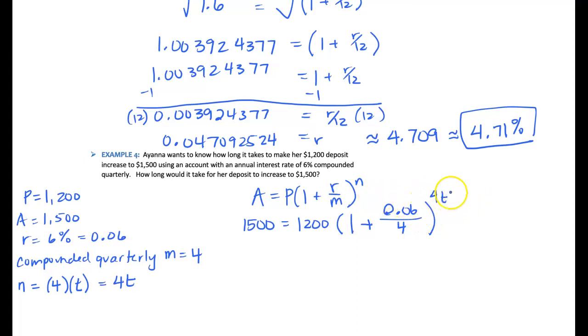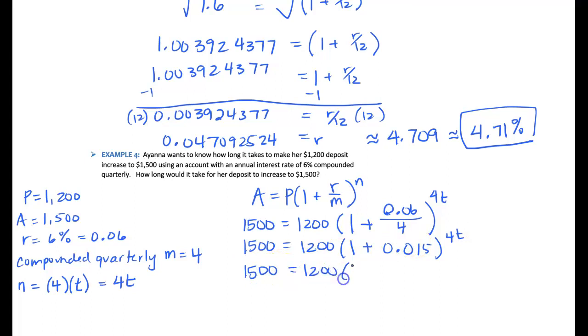Again, we can't quite simplify with the exponent, but we can simplify inside of our parentheses. So I'm going to take 1,500 equals 1,200, and 0.06 divided by 4 ends up being 0.015. Adding 1, 1.015 to the 4t exponent.